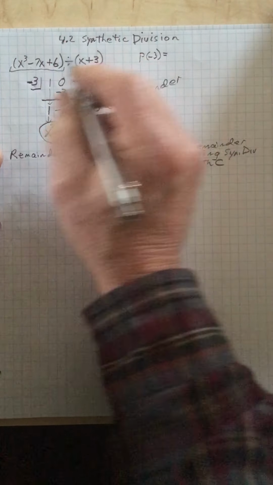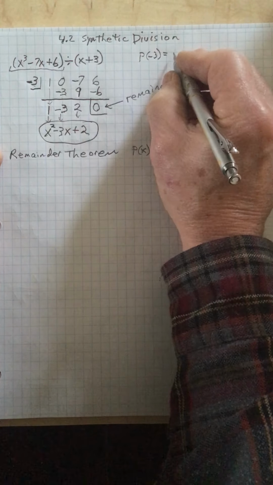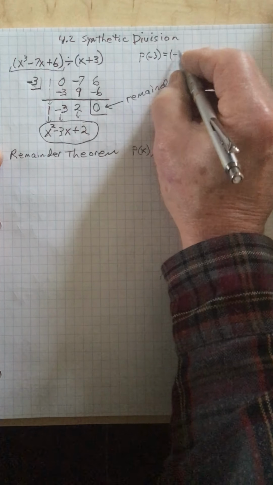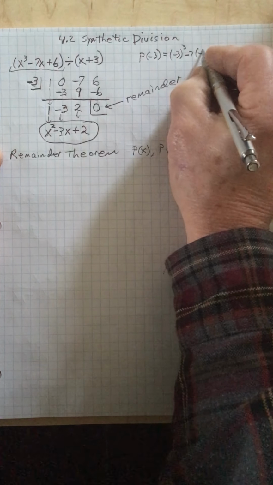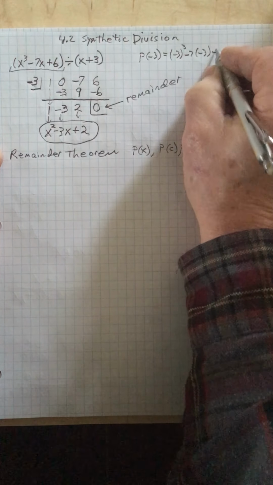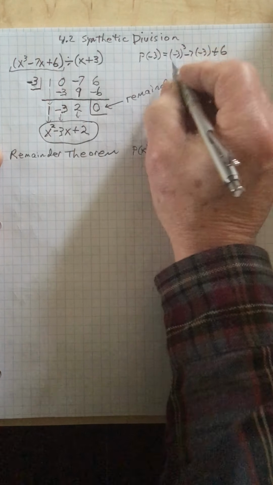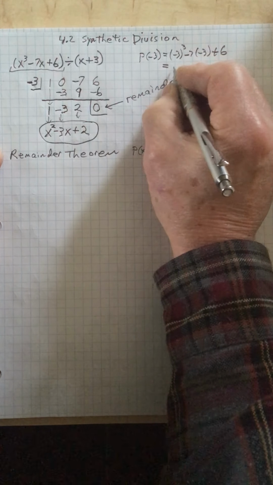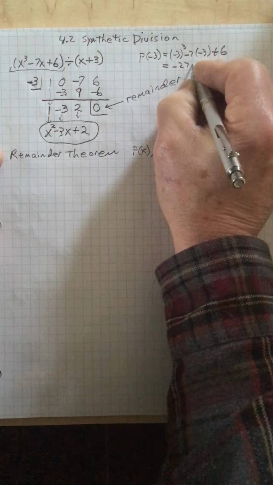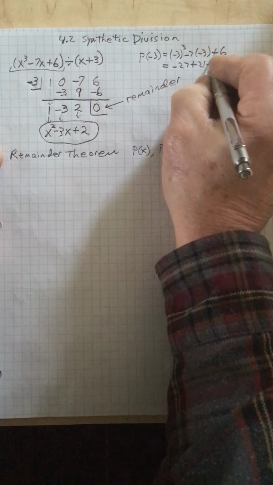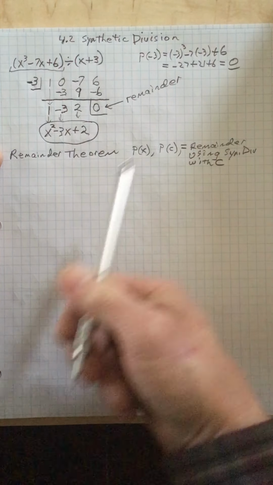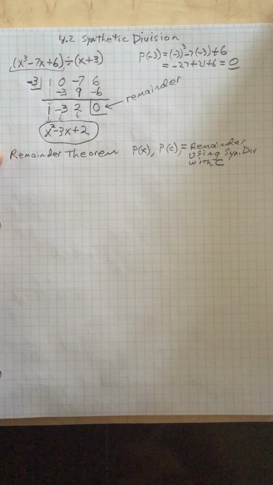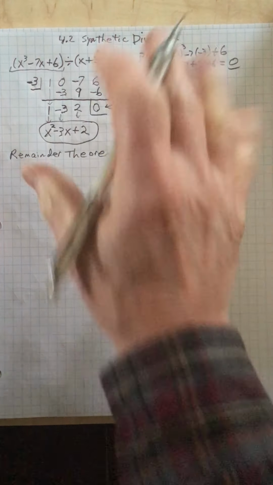And we can verify that real quick. Minus 3 cubed minus 7 times minus 3 plus 6. That's minus 27 plus 21 plus 6. If you add all that up, it equals 0. So it looks like the theorem works. That's how it works. Now, this is pretty simple.